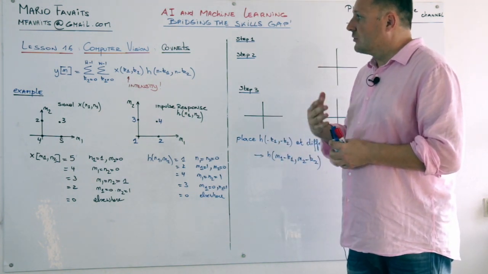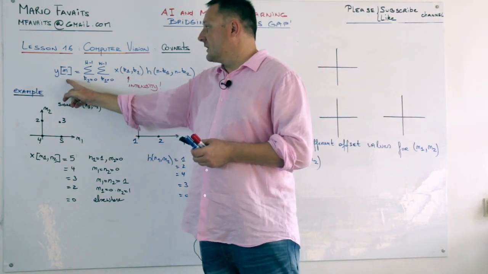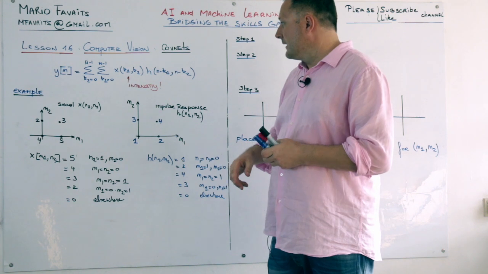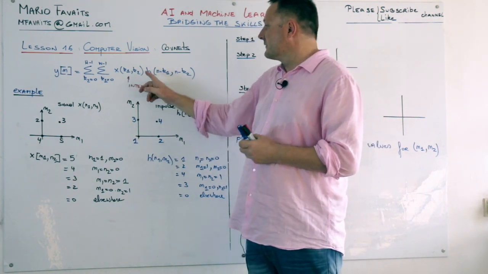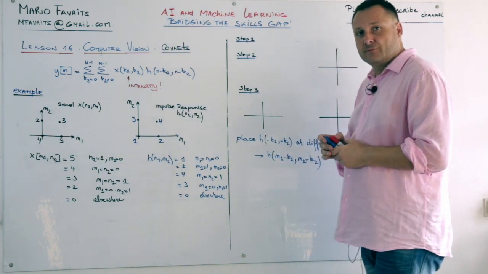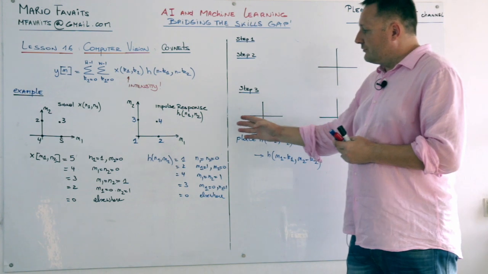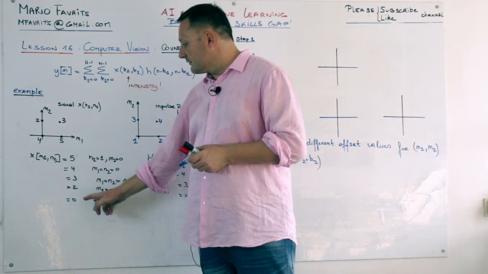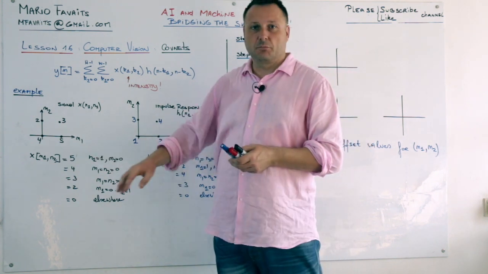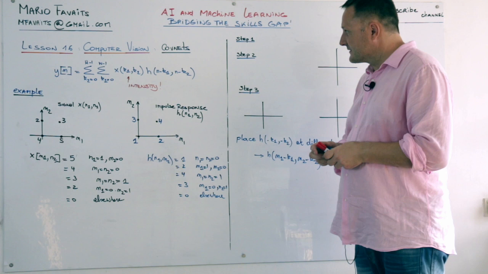Our goal is, of course, to calculate Y, by taking the convolution between X and H. These are two very simple signals. Here you have the details on the outcome, but not so important. Just look at the picture and see what happens.